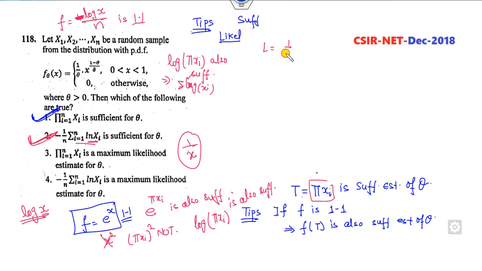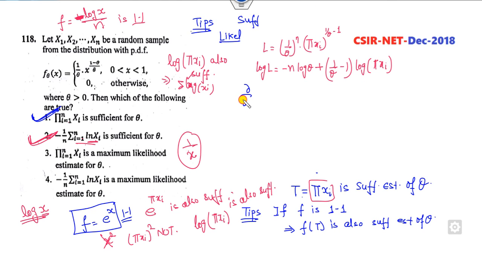I already defined the value of the likelihood L, the product of the x_i's. Now I can take the log, so this is minus n log of this plus (1 by theta minus 1) times log of the product of x_i.